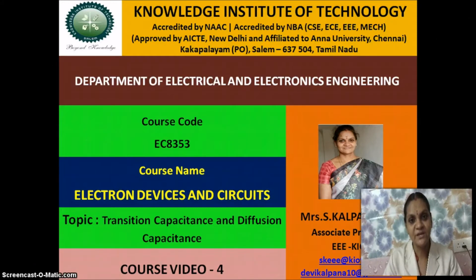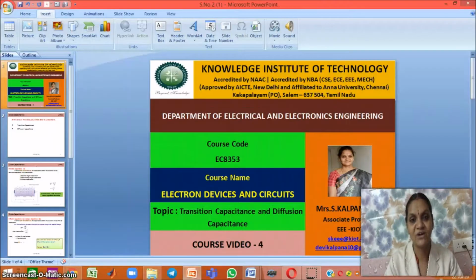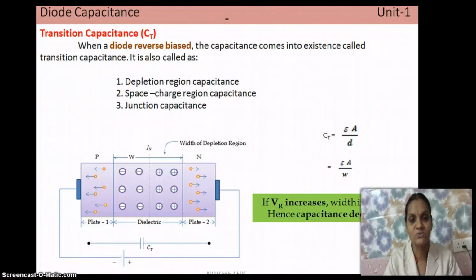So, transition capacitance. As you already know, a diode can be operated in two different types of biasing. One is forward biasing and the next one is reverse biasing. Whatever the type of biasing, the diode possesses a capacitance effect. The capacitance that exists in the diode under reverse bias condition is called transition capacitance.